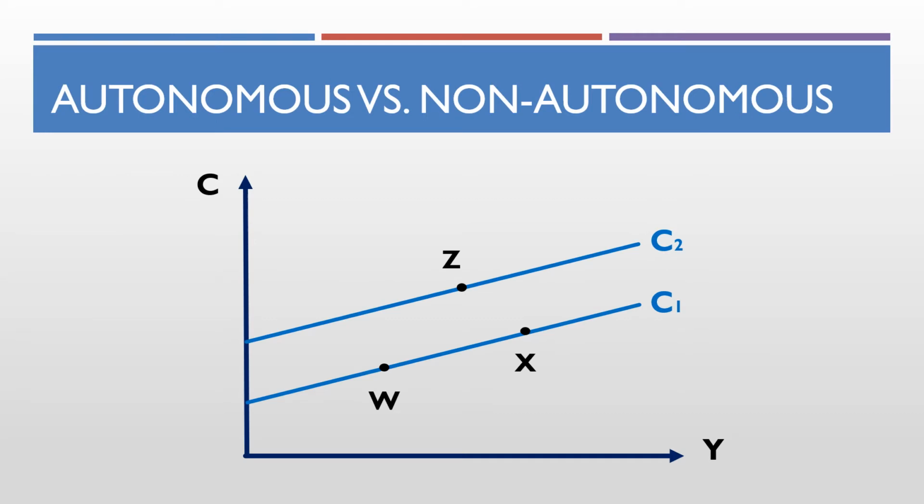Now, graphically, we would like to understand what we mean by the change of autonomous expenditure and non-autonomous expenditure. Whenever there is a change of non-autonomous expenditure, you would expect the change to happen on the same expenditure line or expenditure function.